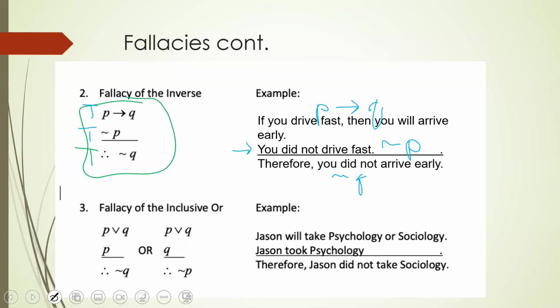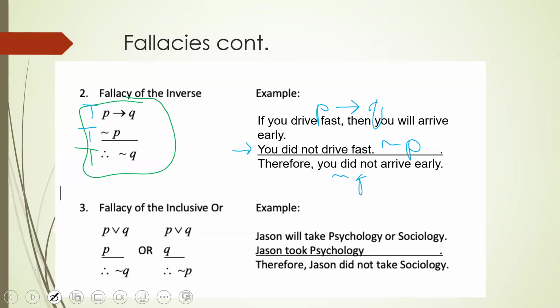On our way to wherever we're going, we could get lucky and all the stoplights are green, or maybe traffic patterns are different, and we're just able to get to our destination faster. It doesn't guarantee that we will not arrive early. We're told that if we drive fast, then we will certainly arrive early, but it doesn't tell us what happens if we do not drive fast. Therefore, we can't conclude that we won't arrive early.